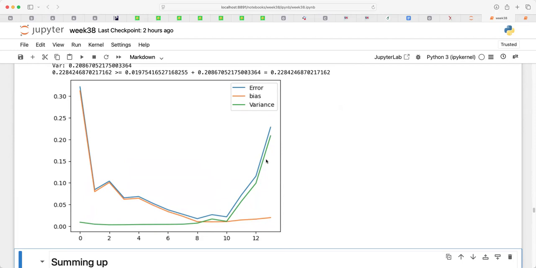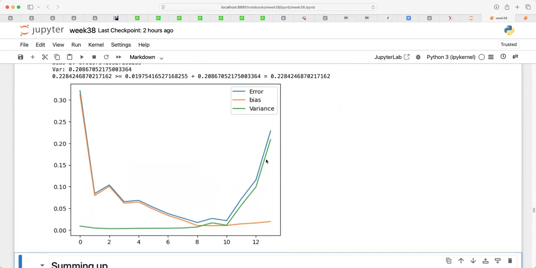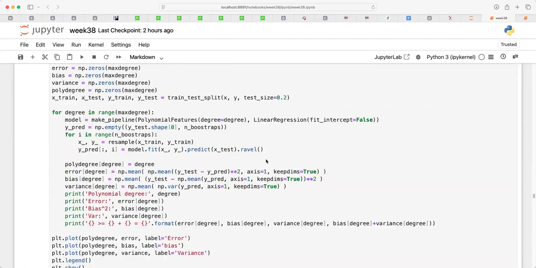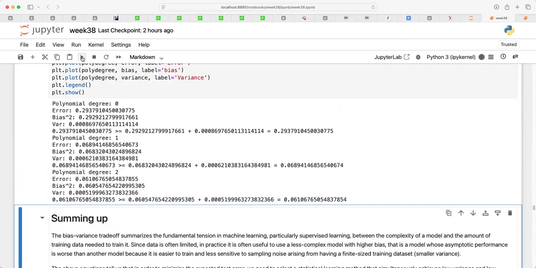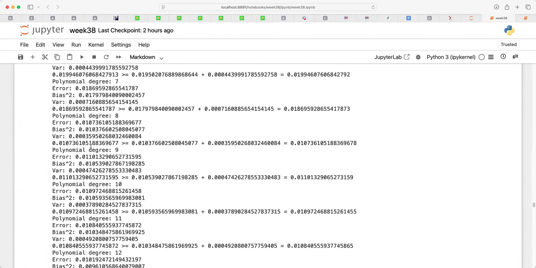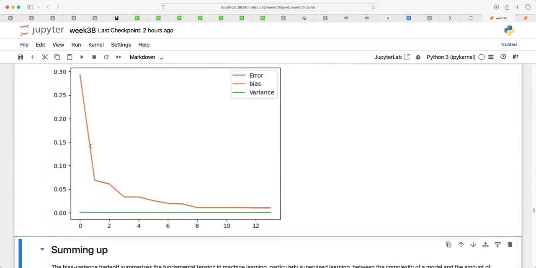And if I were to change this data set, in this particular case, I took 40 points and I did 100 bootstraps. So I just regenerated the data again and again. And the reason for that is that I want to have a data set which has a little spread in the mean squared error. If I do this now, what you will see is something like that.